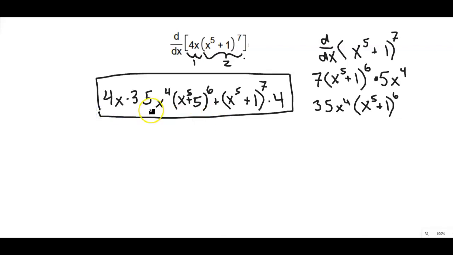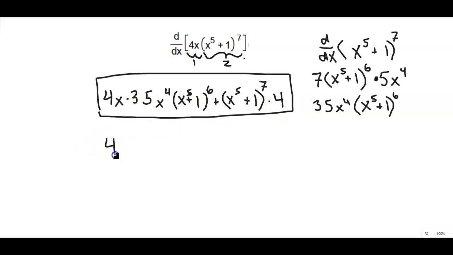If you want to clean this up a little bit, we have two terms, this big term and this term. We have an x to the fifth plus, sorry, that should be a 1 there, x to the fifth plus 1. We have that twice. We have it raised to the sixth power here, the seventh power over there, and we have a 4 in both terms. So I can pull both of those out.